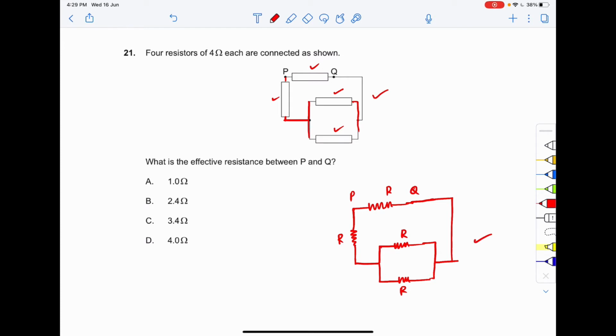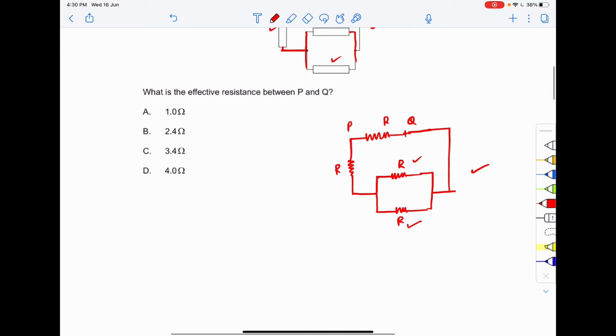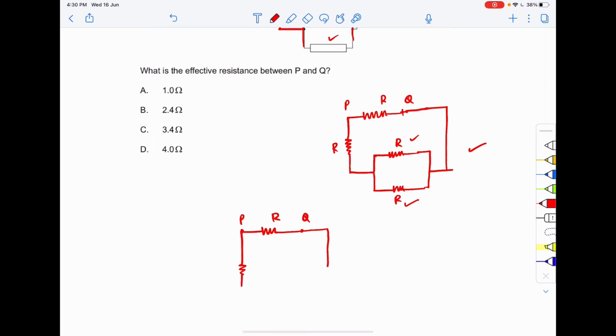Now we need to find the equivalent resistance between the points P and Q. First of all, this resistance R and this resistance R are in parallel. So I can simplify it: over here this resistance would be R, this is point P, this is point Q, and it's going down, over here there is a resistor R. Now this resistance and this resistance are in parallel.